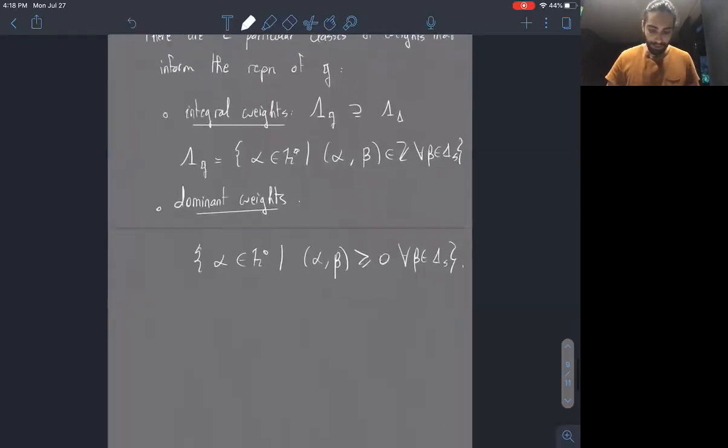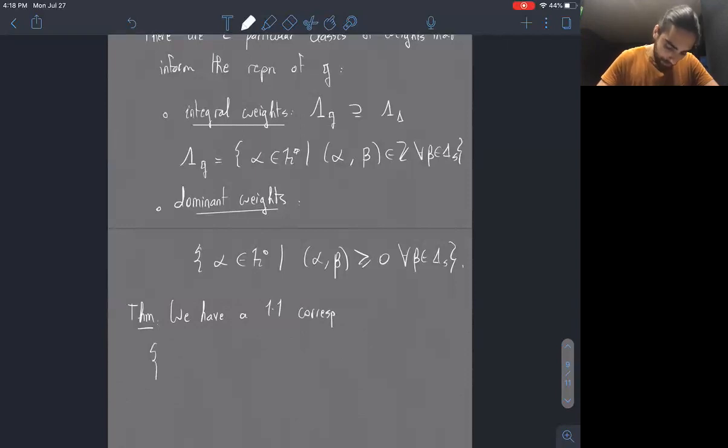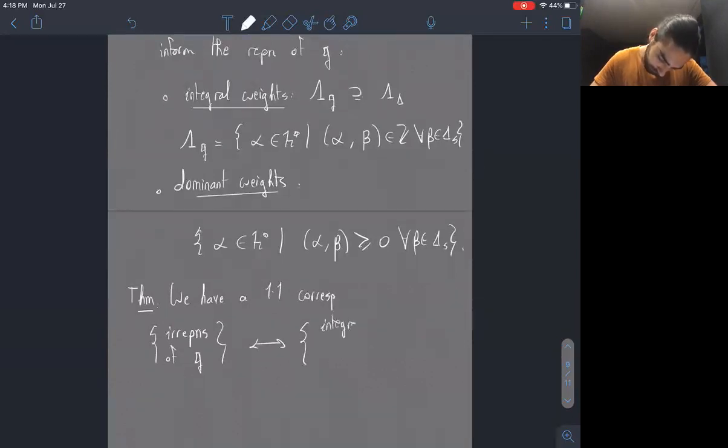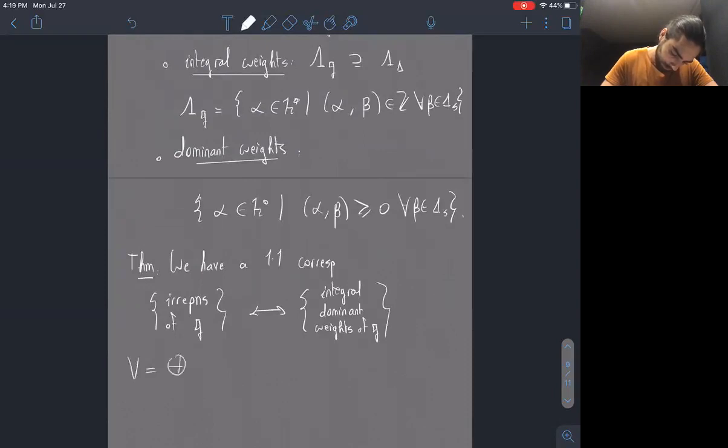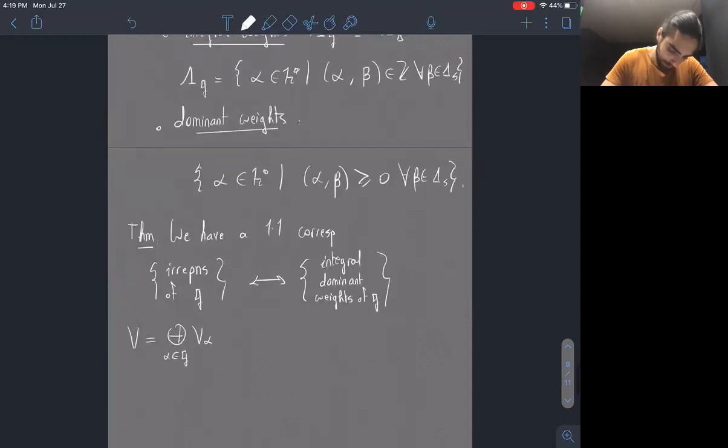Once we have this notation in place, we can state the classification theorem that says that if I have a semi-simple Lie algebra G, we have a one-to-one correspondence between finite dimensional, always, irreducible representations of G and the collection of integral dominant weights of G, where if I check an irreducible representation V, I can split it into this generalized eigenspace decomposition, and I can locate a unique integral dominant weight lambda appearing in it and send it over here.